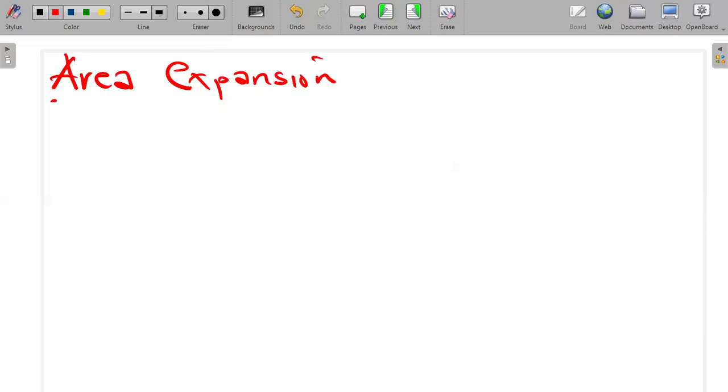And area expansion, the main idea is also the same. We've already explained how area expansion is taking place. It's just the two-dimensional expansion of a material.